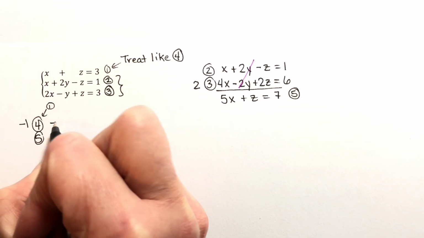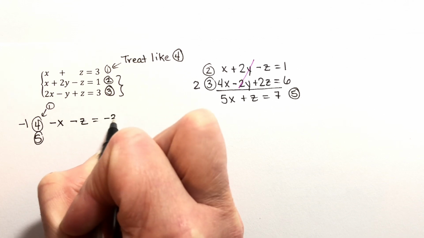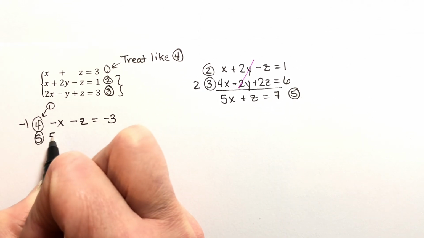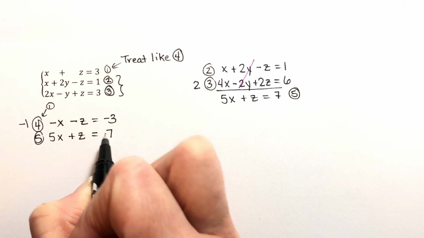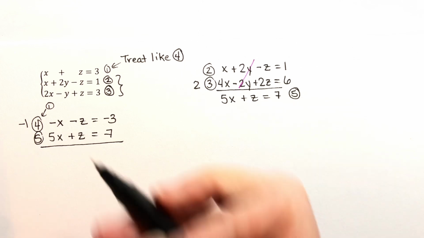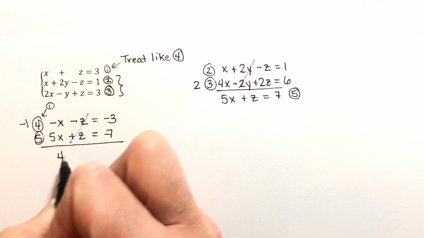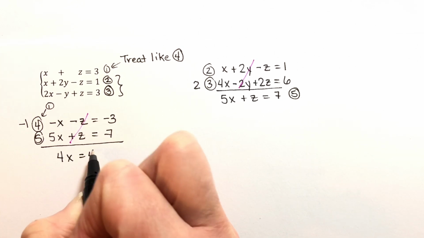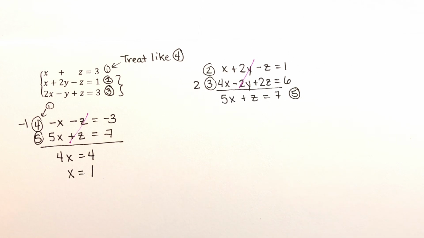So I got -x minus z is equal to -3, and recopy the other. Now add these together, and we get 4x is equal to 4. So our x value is 1.